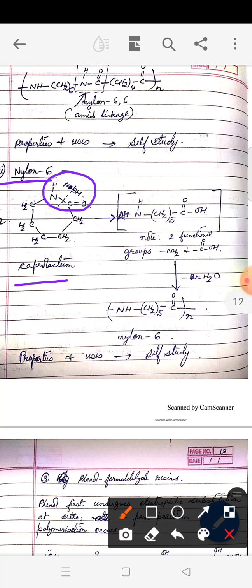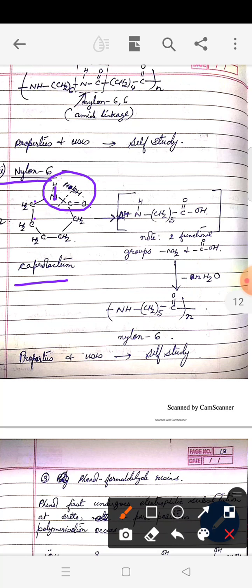You can see CONH. So NH is one of this N is forming one of the members of the ring structure. Then there are 6 carbons, 1, 2, 3, 4, 5, 6, and the 6th carbon is containing a C double bond O group.